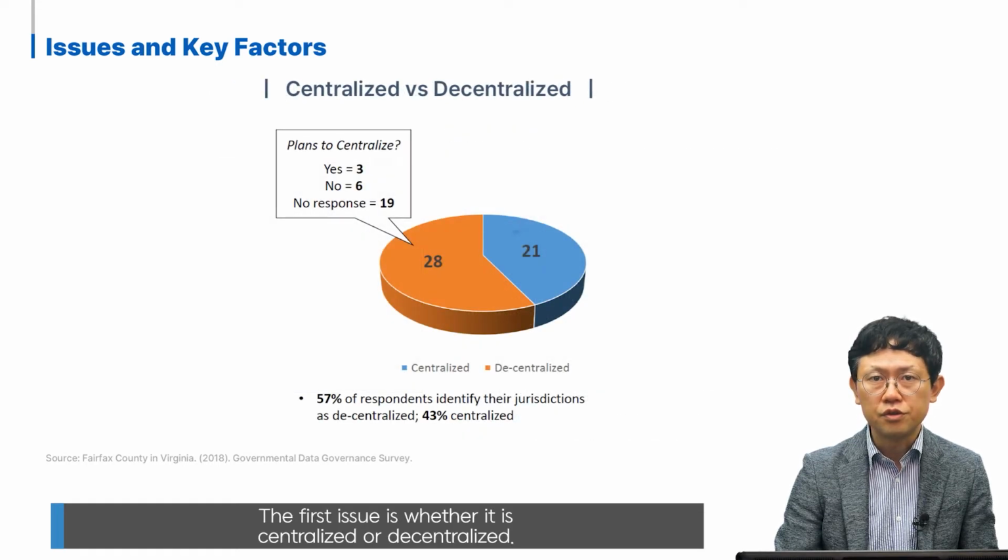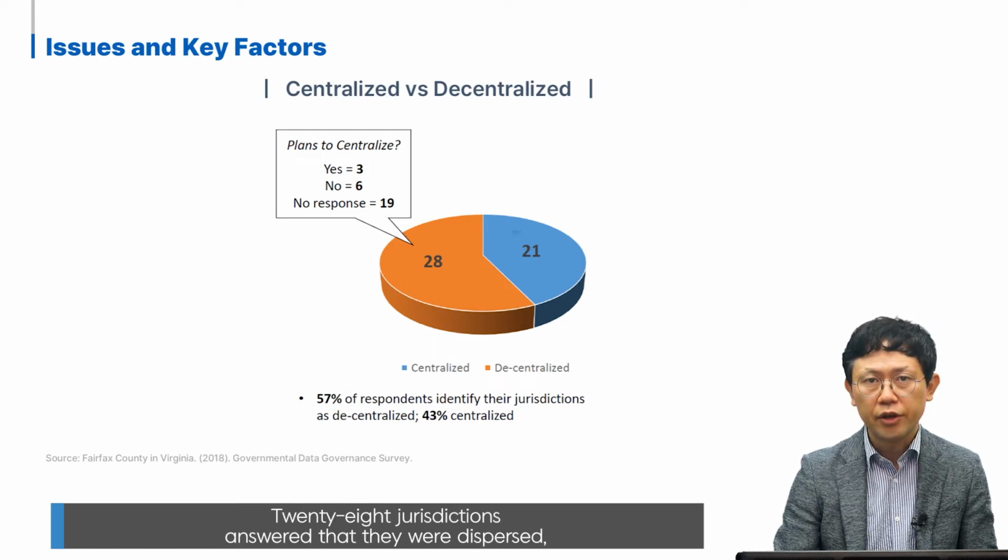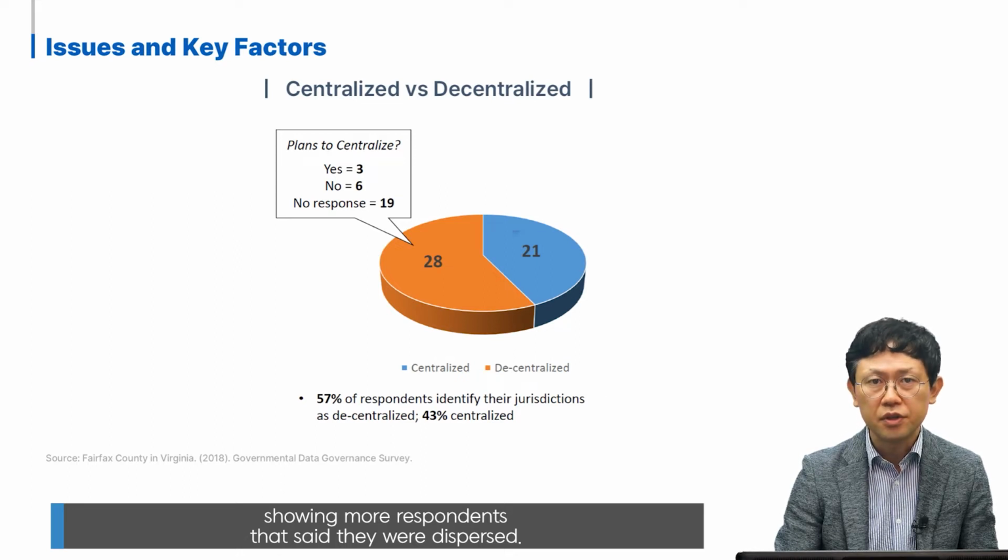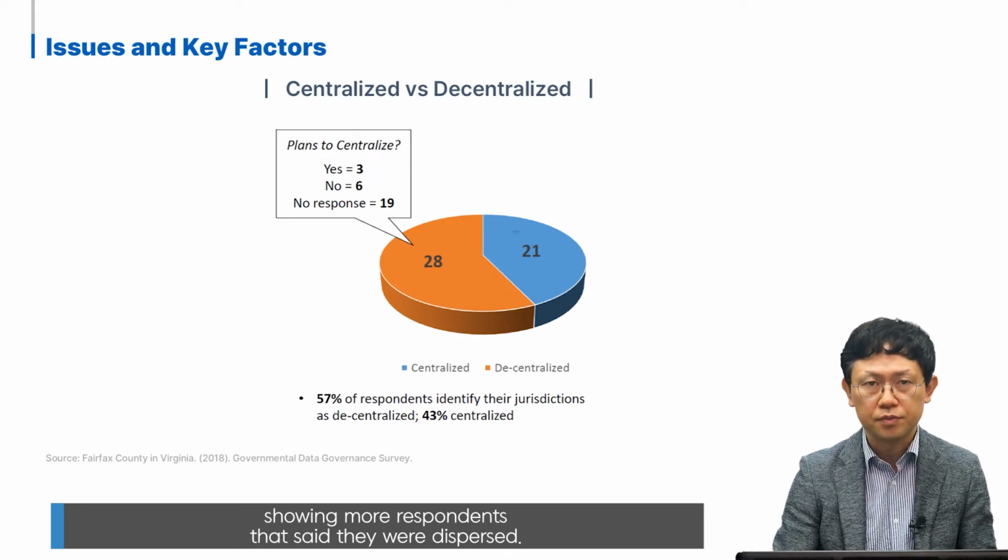The first issue is whether it is centralized or decentralized. 28 jurisdictions answered that they were dispersed, while the remaining 21 answered that they were centralized, showing more respondents saying they were dispersed.